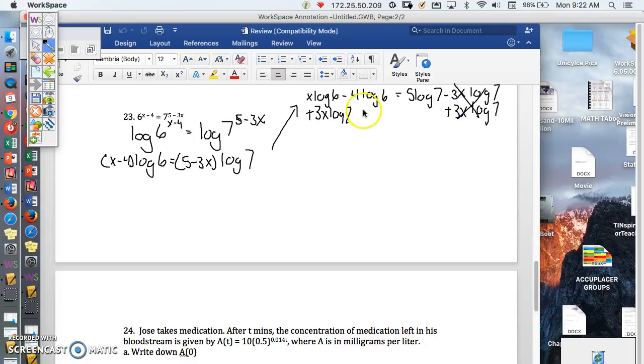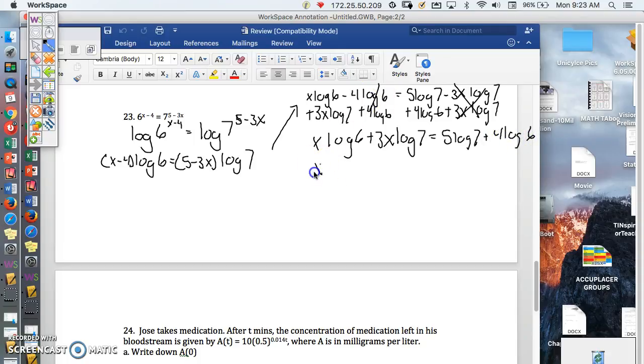And then the non-x's on the other, so plus 4 log 6. So we have x log 6 plus 3x log 7 equals 5 log 7 plus 4 log 6. Factor out an x.